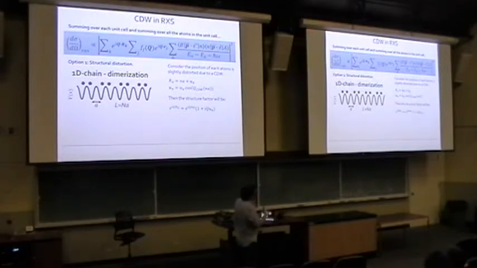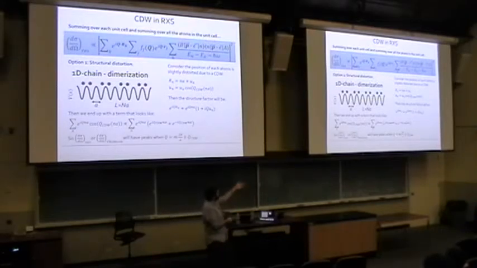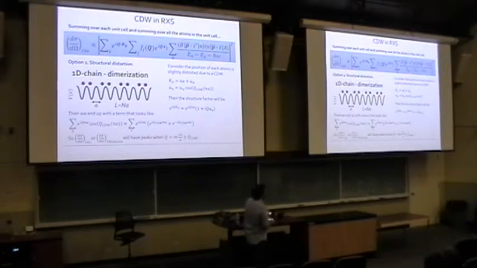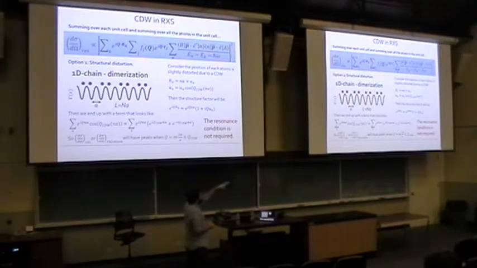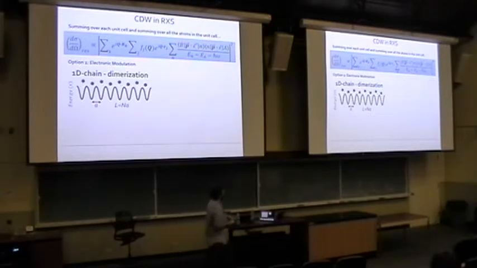Once you put that into the structure factor, you get the condition that Q is going to be some number of times 2 pi over a, plus or minus Q_CDW. You're going to see CDW peaks that sit alongside your Bragg peaks and so on. And this kind of structural distortion doesn't require the resonant condition, because I could have worked this out in the Thomson scattering model, which is typically what hard X-ray scattering is going to look like.